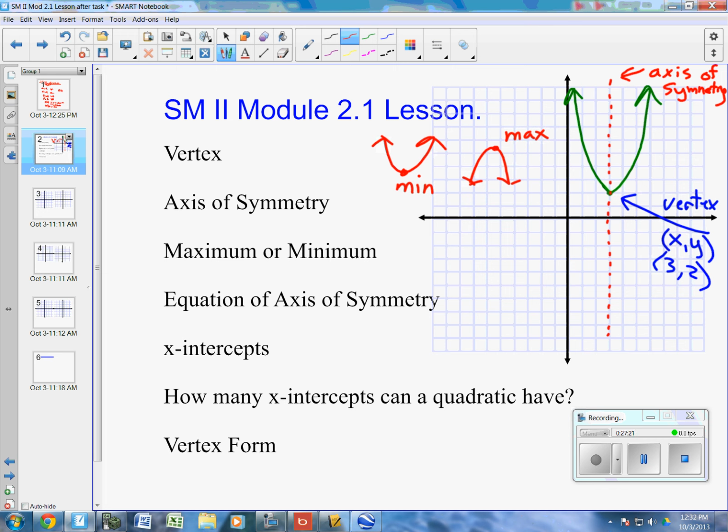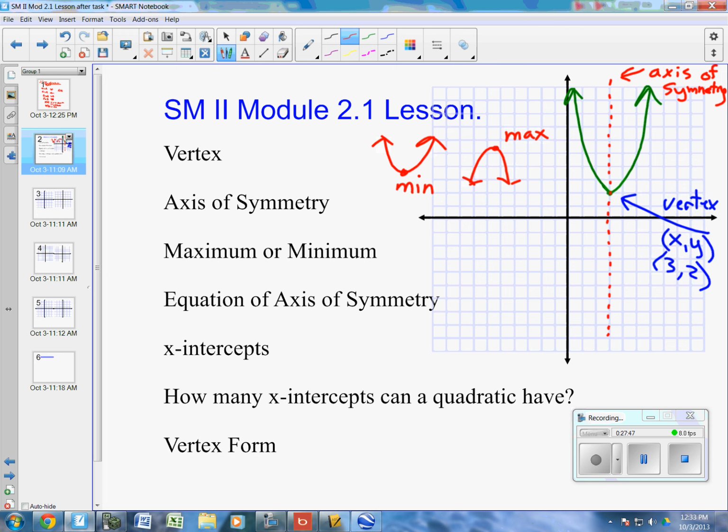Then we have an equation of the axis of symmetry. See this right here? What's the equation? How do you write an equation of a vertical line? No, y equals x is a diagonal line. Let me ask you this: is a vertical line a function? It's not. So it's not going to be y equals something.